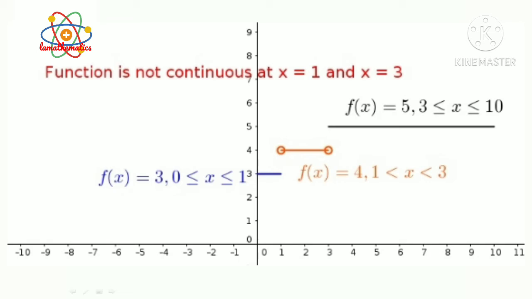But there is no connection at the point x equal to 3, that is a break, that is not continuous at x equal to 3. Hence, we can conclude that the function is continuous except at the points x equal to 1 and x equal to 3. Question number 12.